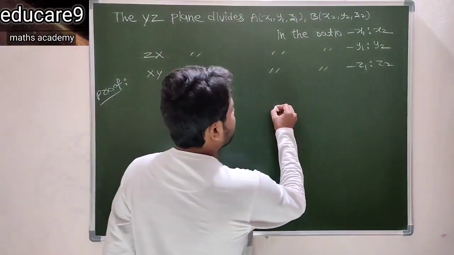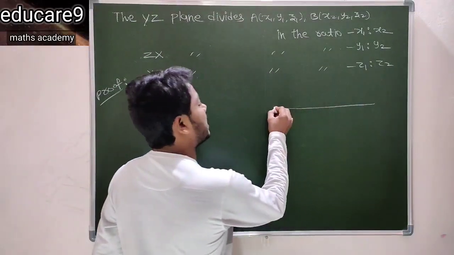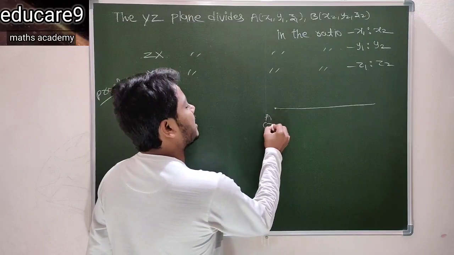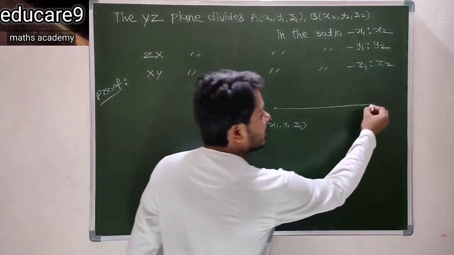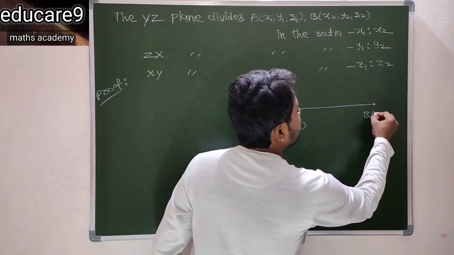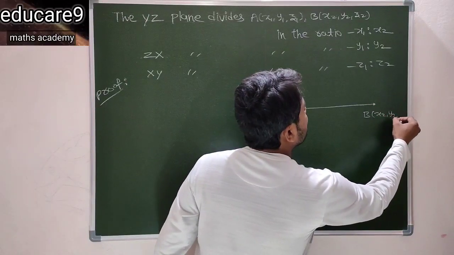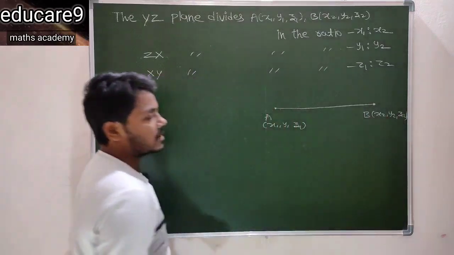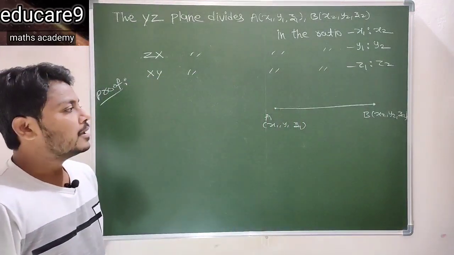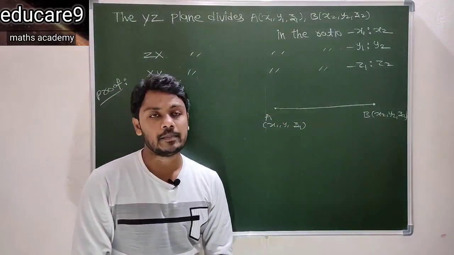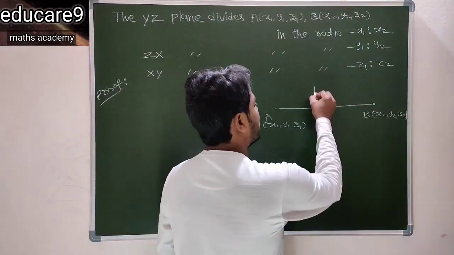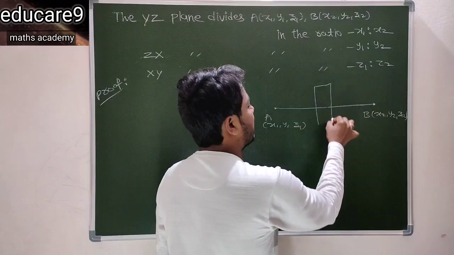For example, this is the line segment AB, A(x1, y1, z1) and B(x2, y2, z2). Here the yz plane divides the line segment AB. Suppose this is the yz plane.